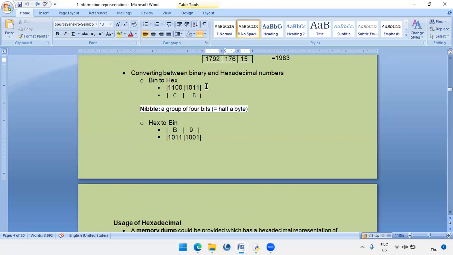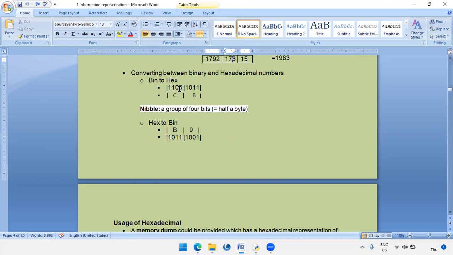From the right side. Because if you take from the left side, and there are 9 or 11 bits, then the value will be different. But if you take from the right side and divide them into 4 bits each, then if there is another bit here, it doesn't matter, the value doesn't change.